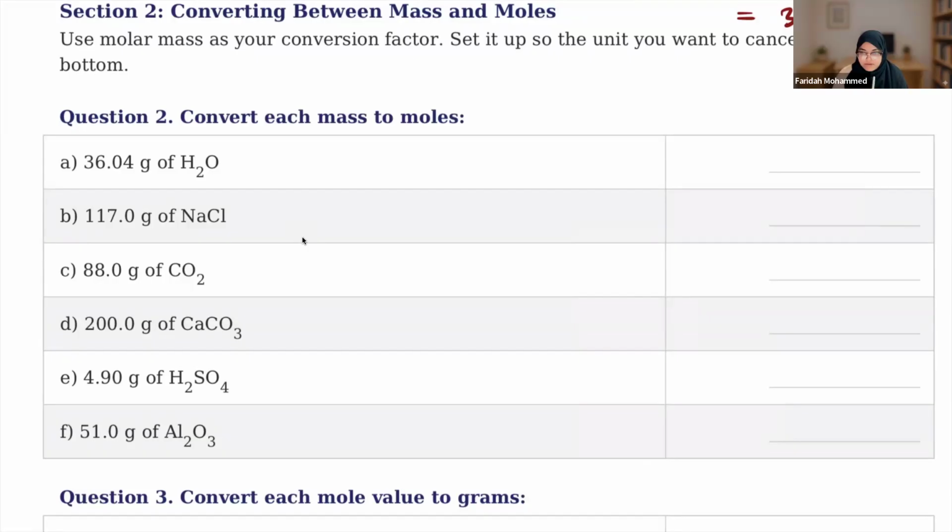Do it the correct way. First, write the relation. Start with the formula. Sorry, start with the question. Do the fraction. You're done, Diksha?